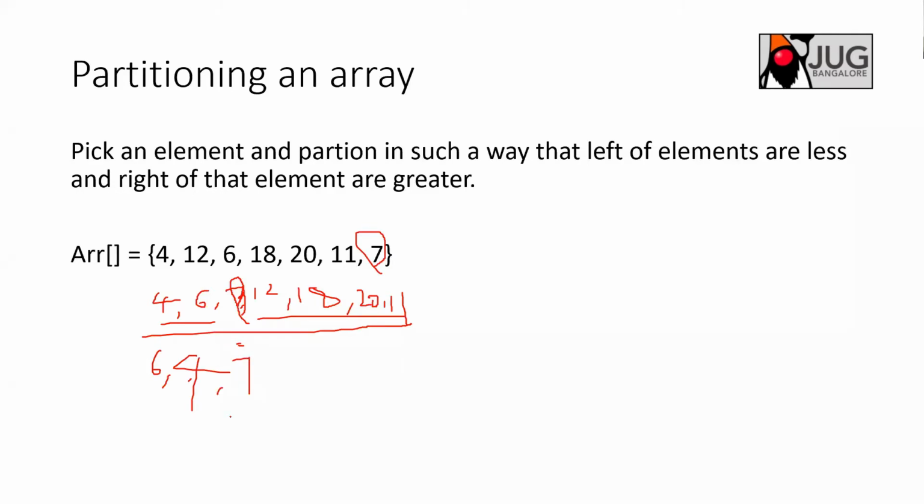This is the pivot, and elements on the right side are greater, and they can exist in any order. The goal is only that you partition an array in such a way that the left is less and the right is greater than the pivot element. Okay, that is the goal. So that is what is being used in quicksort.